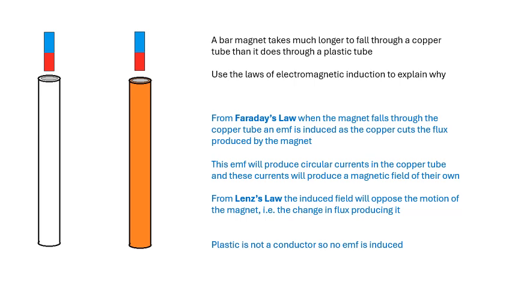With a plastic tube, it's not a conductor, so we don't get an EMF. Notice the laws of electromagnetic induction: Faraday's law, and say what it is, Lenz's law, and say what it is. With those two, we can explain why it takes ages for the magnet to fall through the copper tube.